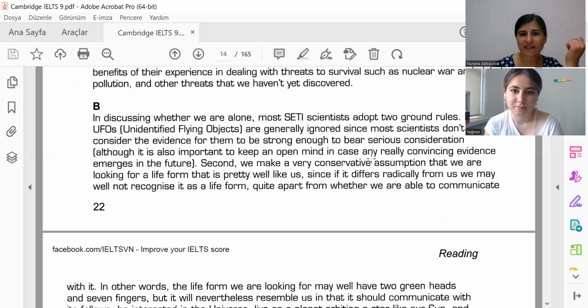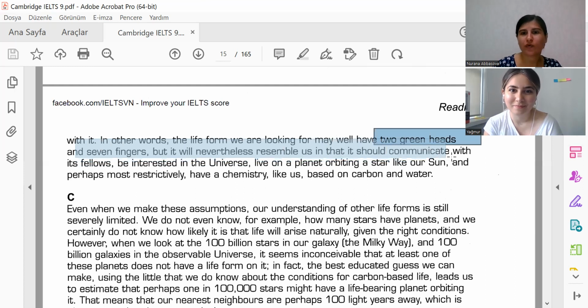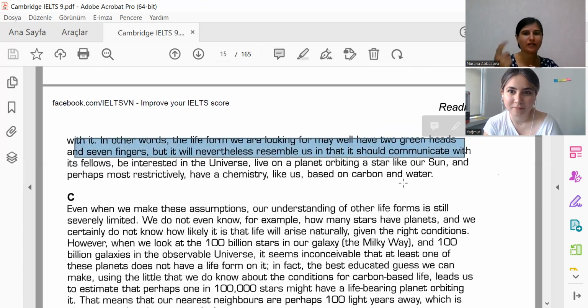Second, we have assumption. Here the word is, of course, we didn't read it, but it was our keyword. In other words, even if we know that there is an alien, we think that they have two green heads, 7 fingers, but nevertheless resemble us and communicate with us, its fellows. It communicates with its fellows, but not with us.